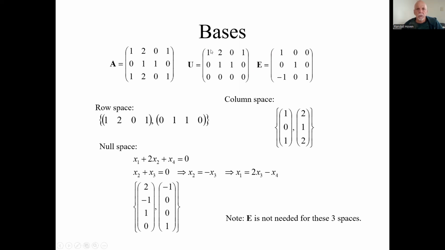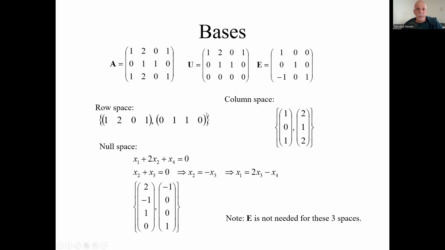Only two pivots. It's this left column and this second column. So the basis of the column space is the corresponding columns of A. So 1, 0, 1, 2, 1, 2. This told you what columns to use, and we get the columns from A.